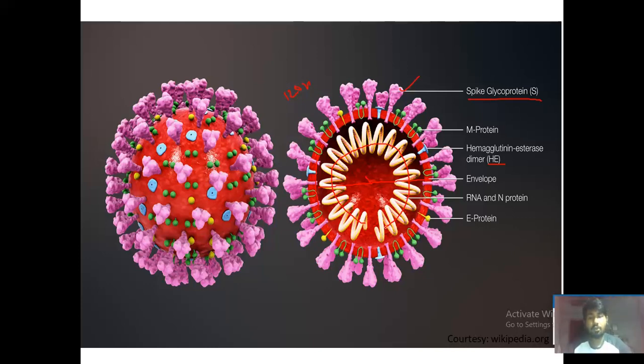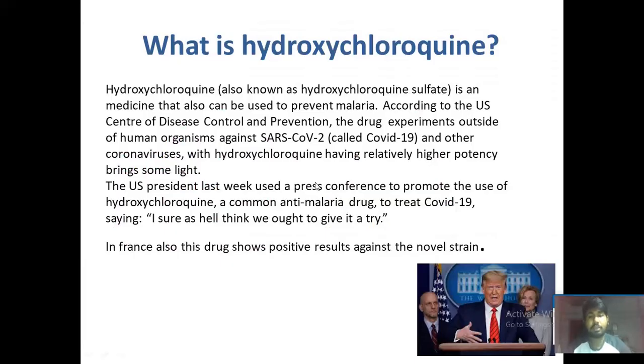So what is hydroxychloroquine? Hydroxychloroquine, also known as hydroxychloroquine sulfate, is a medicine that can be used to prevent malaria. According to the United States Centers for Disease Control and Prevention, experiments outside of human organisms against SARS-CoV-2 and other coronaviruses, with hydroxychloroquine having relatively higher potency, bring some light.